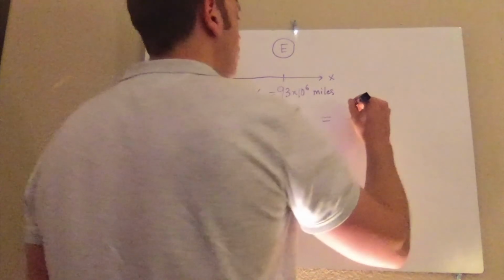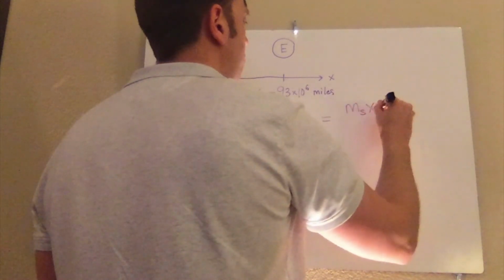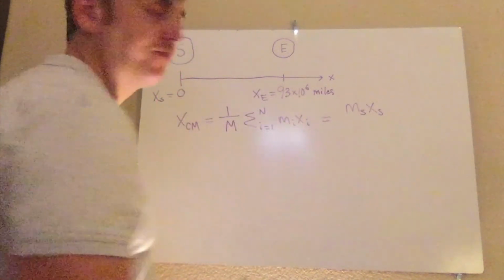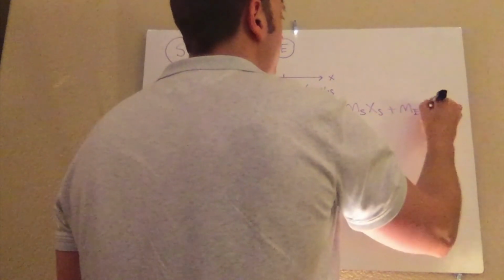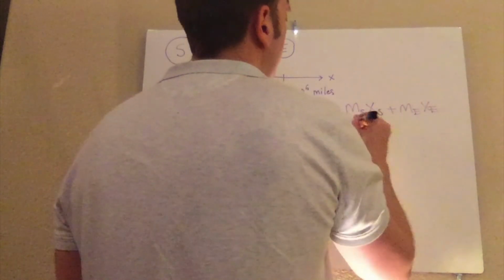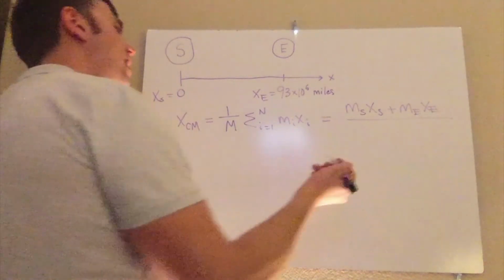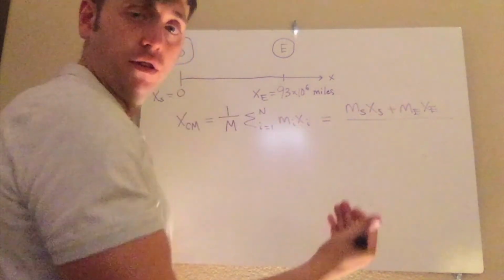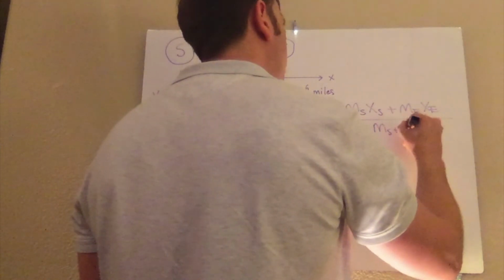On the top, we're going to have the mass of the Sun times the x position of the Sun plus the mass of the Earth times the x position of the Earth. Okay? Just two terms to add up, divided by the total mass of the Earth and the Sun, which is m_s plus m_e.